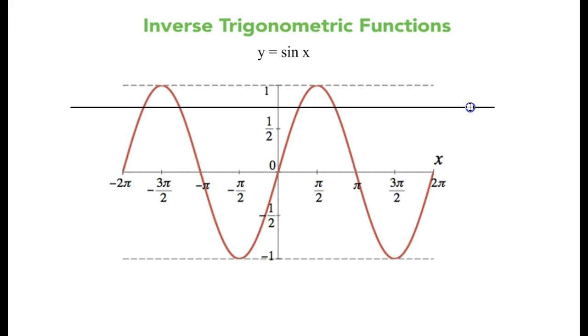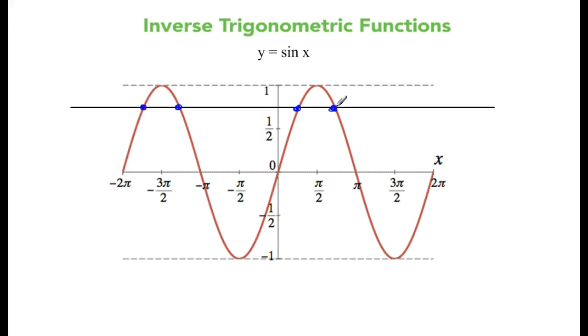The horizontal line test, if you recall, says a function that has an inverse function can only have a horizontal line intersect it once, just like a vertical line can only intersect it once to pass the vertical line test.